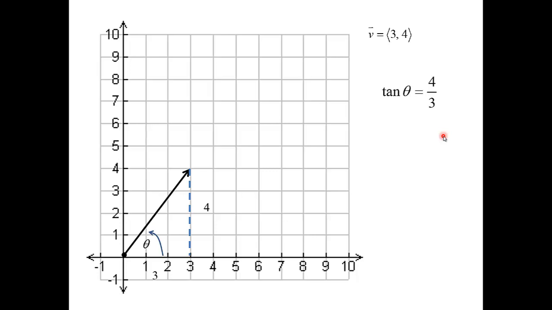And of course tangent is opposite over adjacent, so that's 4 over 3. So right away we get this connection here. We have a way of relating theta and the 4 and the 3, and we do that through tangent. So tangent theta equals 4/3.